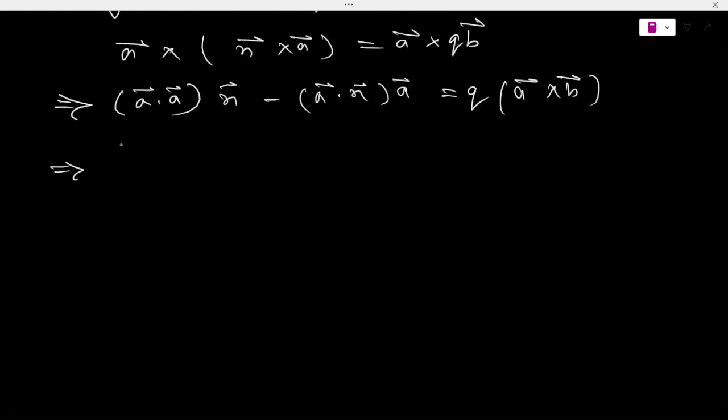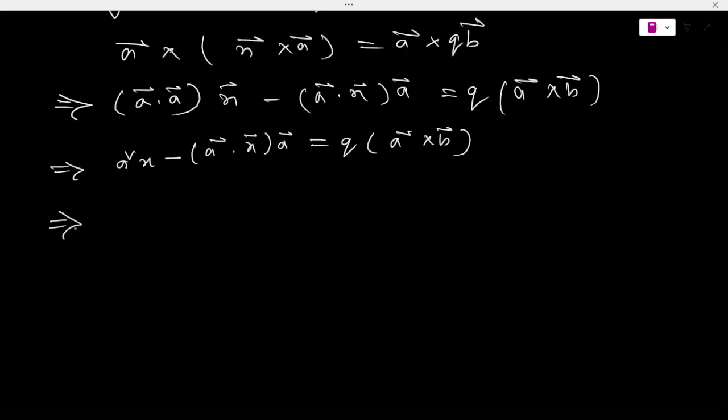It comes out a square x minus of a into a vector is equal to q into a vector cross of b vector.